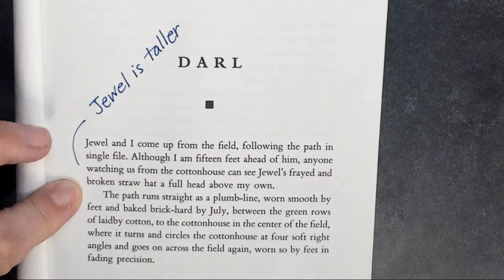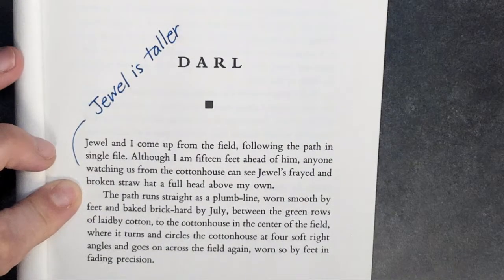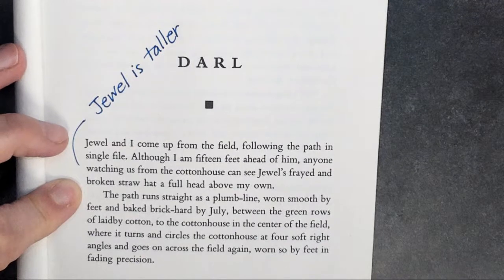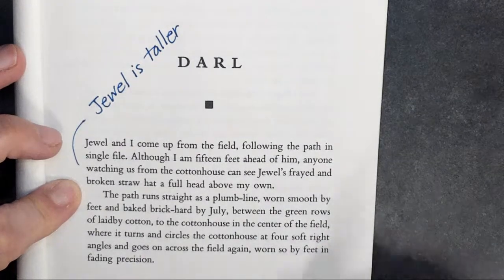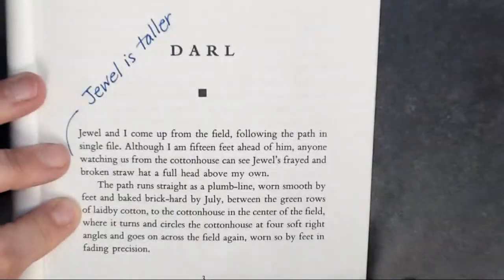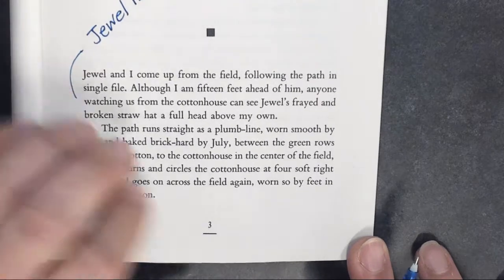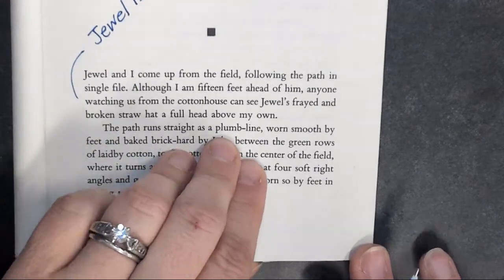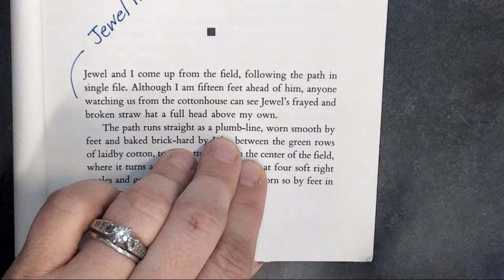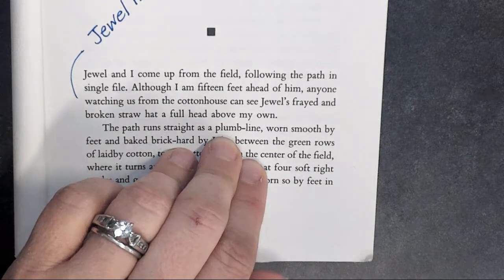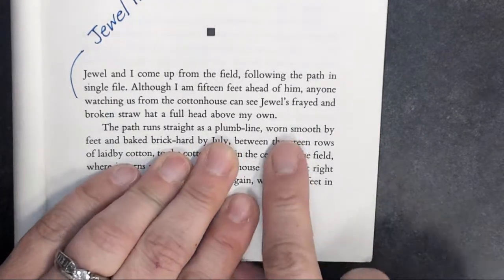And while this doesn't seem like much, it is a big deal. All right? And that's the kind of thing that Faulkner does. "The path runs straight as a plumb line." Like when you're plumbing something, you want it to be straight because any time the pipe turns or curves, it could get clogged. All right? So straight as a plumb line.